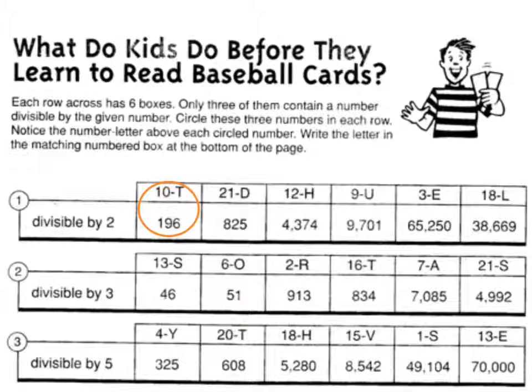So 6. 5 isn't even. Right here is even, right? So there's a case where it's even, because it ends in a 4. And I'm going to go ahead and cross off the ones that aren't even. Give myself a little bit straighter lines.